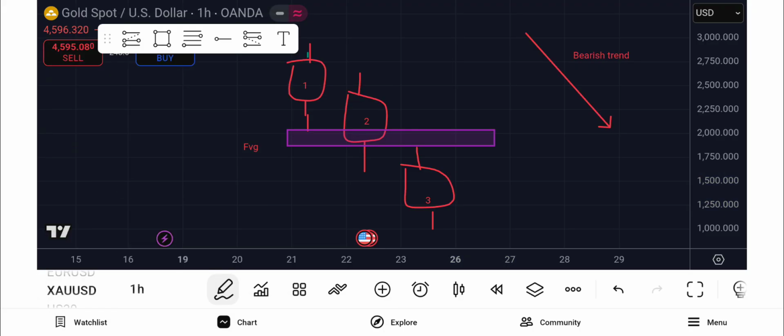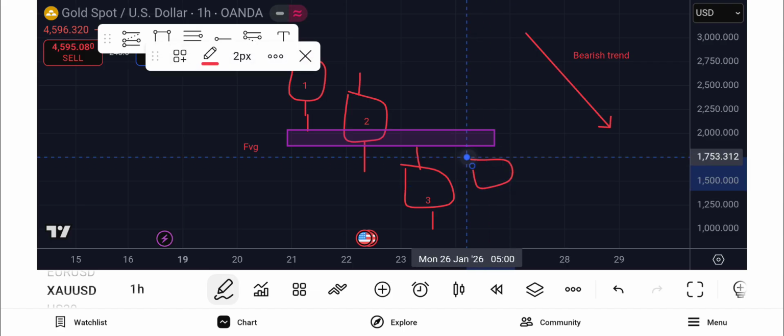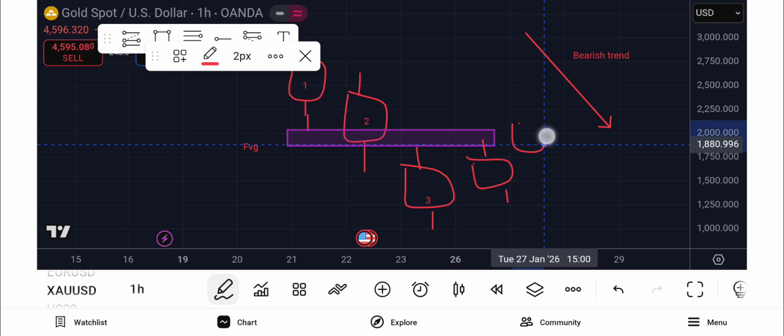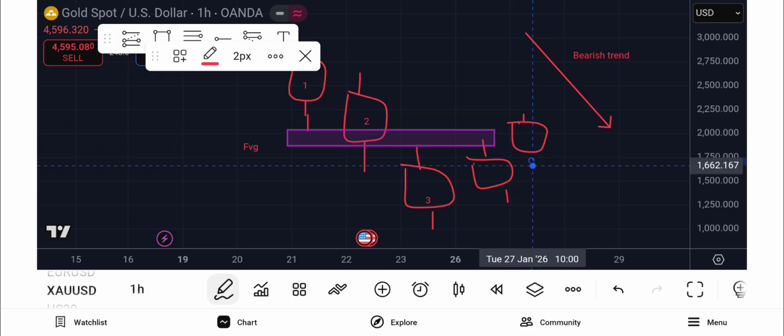You would wait for candles to come into the fair value gap right here and then continue back down.